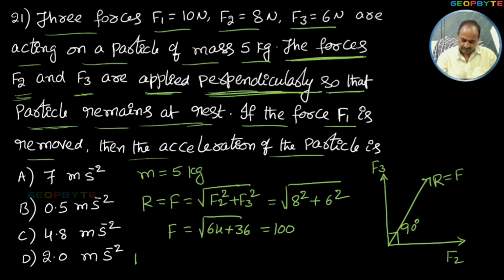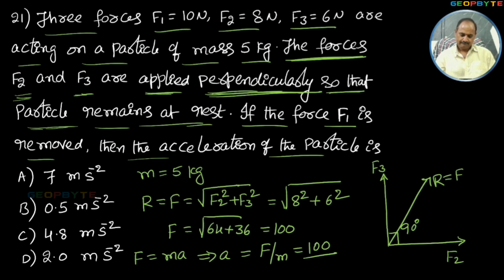But F equals MA, so A equals force by mass. Root 100 equals 10 newtons. The mass is 5 kg.